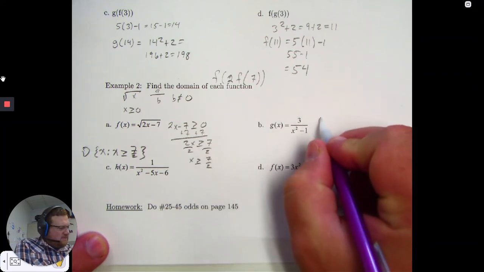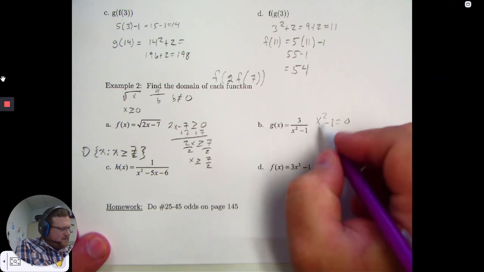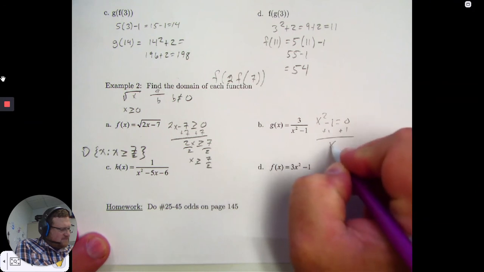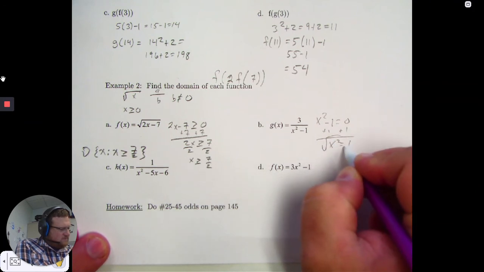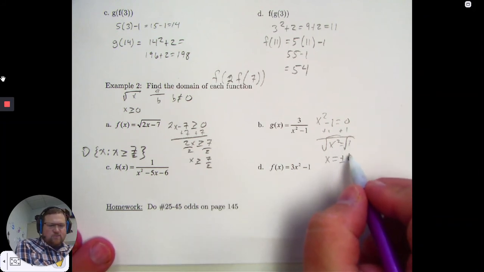So I need to figure out when x squared minus 1 will equal 0. Well, if you add 1 to both sides, x squared equals 1, take the square root, you get x equals plus or minus 1. So this again is where it doesn't work.